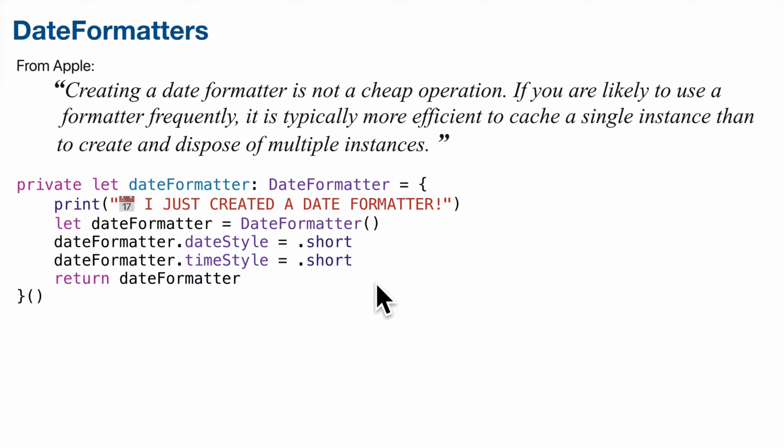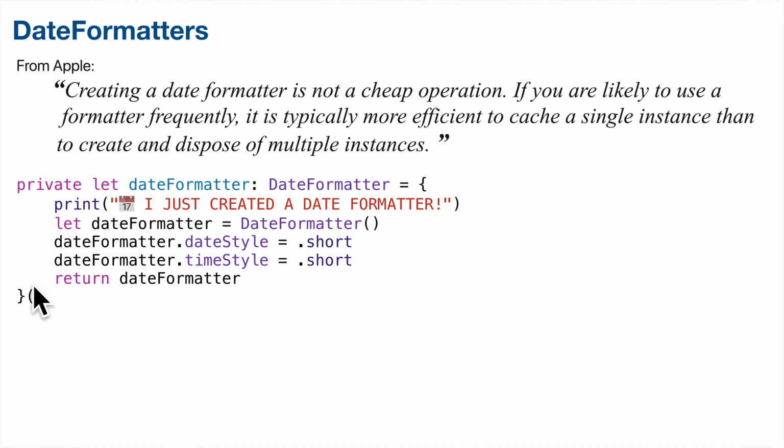Now, there's one last thing that I want to point out here. The syntax looks a little bit different. We haven't seen anything like this before. So let means we're creating a new constant. Date formatter we saw as well. But hey, how are we initializing this date formatter? Well, we saw in our playground, we created the date formatter and we set up a date and time style. That's exactly what we're doing here inside of the curlies. And what we're doing when we initialize this value is we're using what's called a closure. This is essentially a block of code.